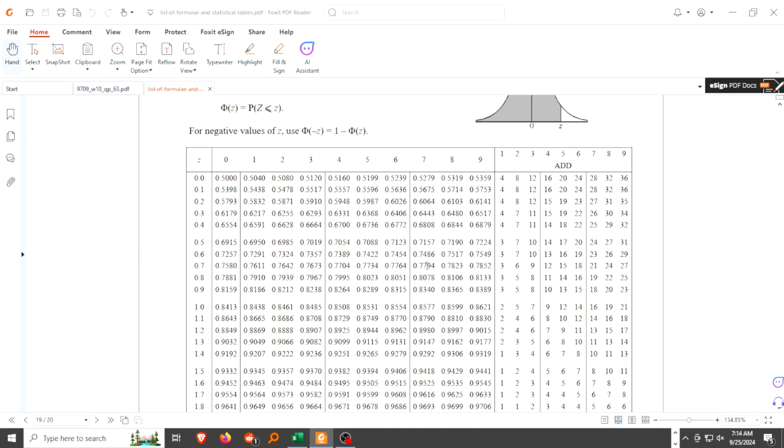But then I also need 6th, so 0.67, then I go under 6, I find 19. Adding 19 gives me 0.7505 as the corresponding probability.